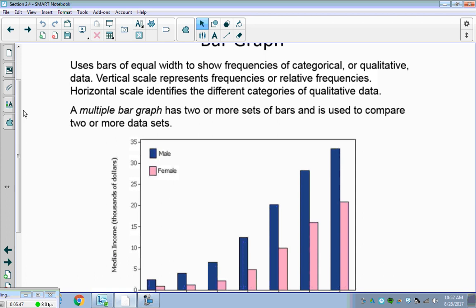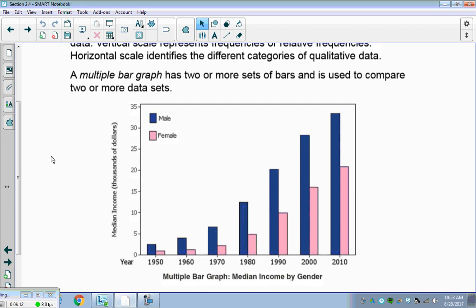Bar graph. A bar graph has equal widths, and we show frequencies of categorical or qualitative data. Remember, we did the sums. That was really quantitative data, but we could still do it because it was discrete.